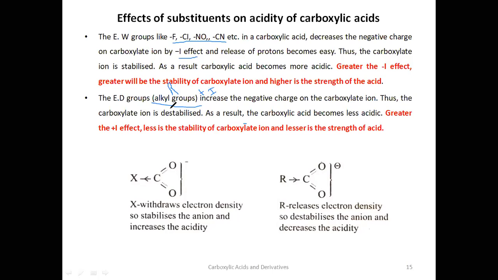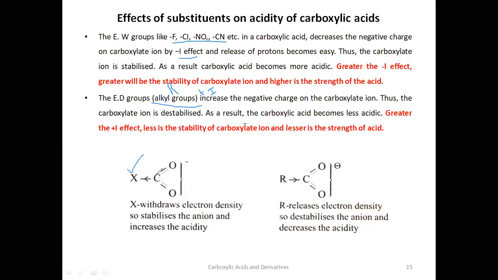Inductive effect means displacement of the bonded pair of electrons depending on the nature of the substituent. If the substituent is electron withdrawing like this, it is a minus effect, and the electrons are pulled towards it. See here, X is an electron withdrawing group: fluoro, chloro, bromo, iodo.